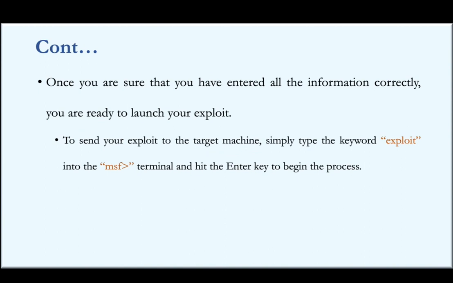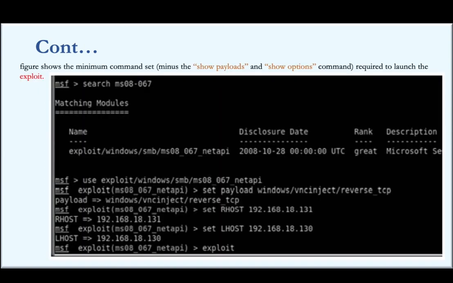What are the minimum command sets required to launch an exploit on a target machine? You can see that on this screen. First, in the scanning phase, for whatever missing exploit patch you identified, you use the search command, ms08, in the MSF framework.